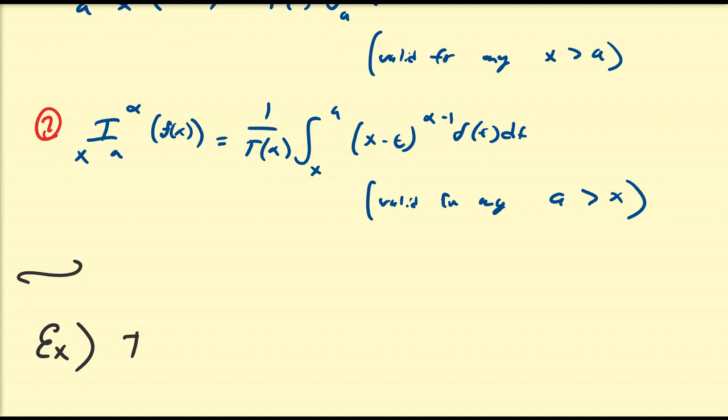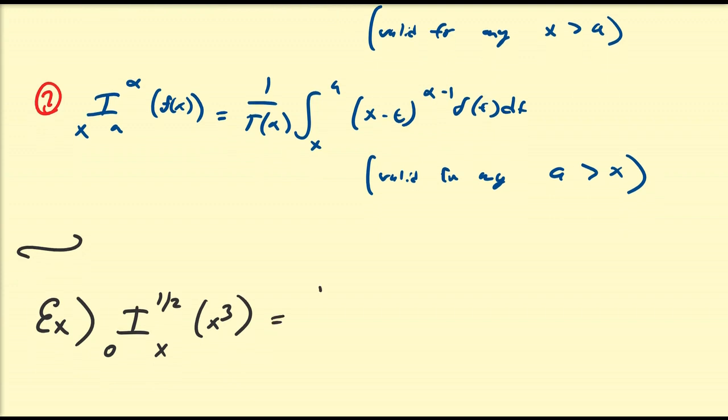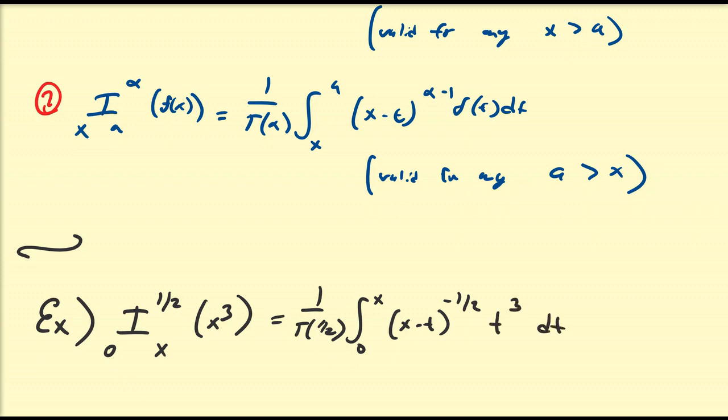So let's find the half fractional integral of x cubed, and let's assume we just want the general expression for that. By definition, that's going to be equal to 1 divided by gamma of a half times the integral from 0 to x of (x minus t) to the power minus 1 half of t cubed dt.